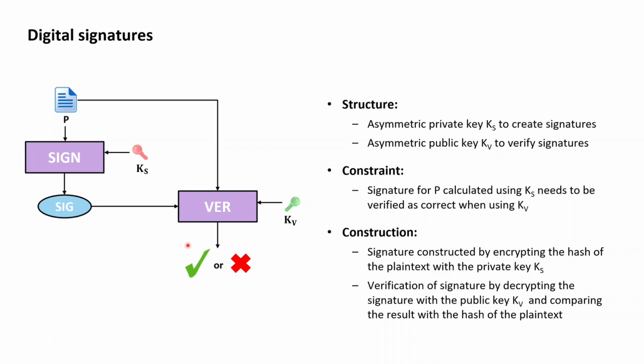Peeking briefly under the hood of digital signatures, a digital signature is often just a hash of the plaintext encrypted with the private key of the participant, and verifying a digital signature amounts to decrypting this encrypted hash with the public key corresponding to the private key and comparing the decrypted hash with a recalculated hash of the received plaintext. If a cryptographic hash function is used to hash the plaintext, then digital signatures can bind the signature to the plaintext down to each and every single bit.